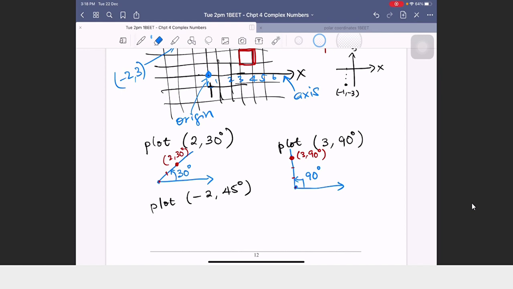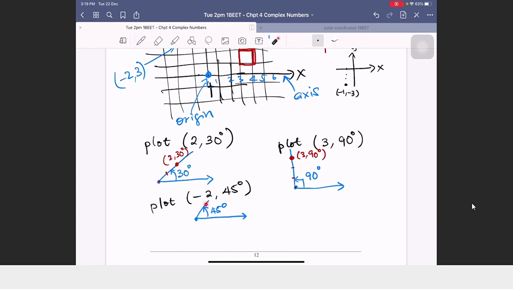Always start from the pole and then draw the polar axis. Identify the angle 45 degrees. Assuming that this is 45 degrees, if you go from the pole going 1, 2 like that, that is positive 2.